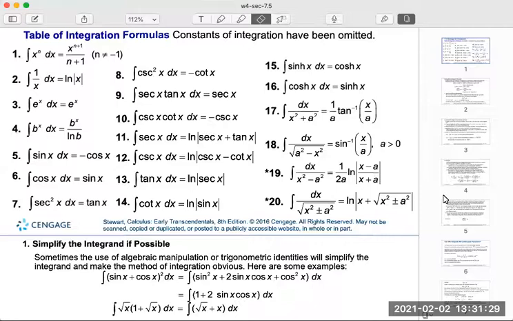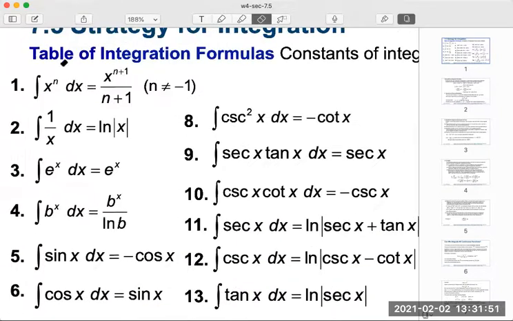So when we face an integration question, these are useful formulas you can memorize. You can use them. The integral of x to the n is easy, right? It would be the antiderivative of x to the n, which is x to the power of n plus 1, divided by the same number here.